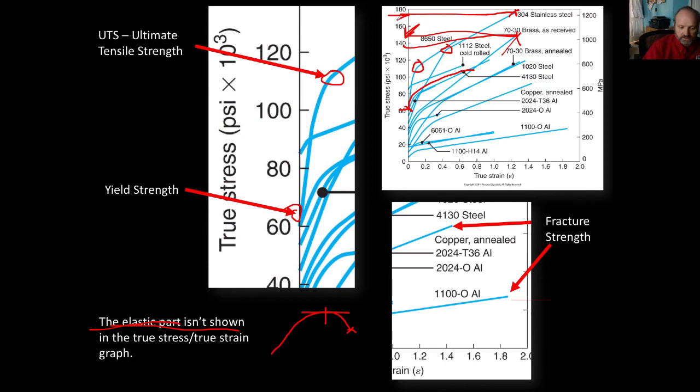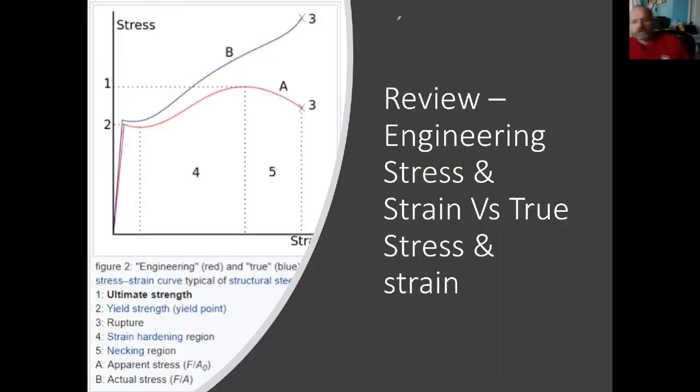So you should probably review engineering stress and strain versus true stress and strain. Here's a graph which shows both of them on top of each other. The red curve is the engineering stress and strain, and the blue curve would be the true stress and strain. They've kind of been normalized.